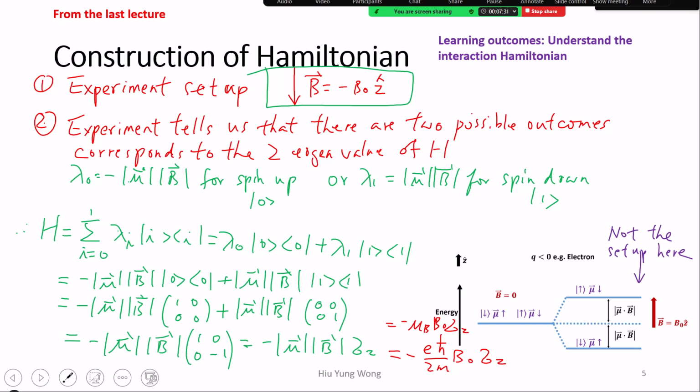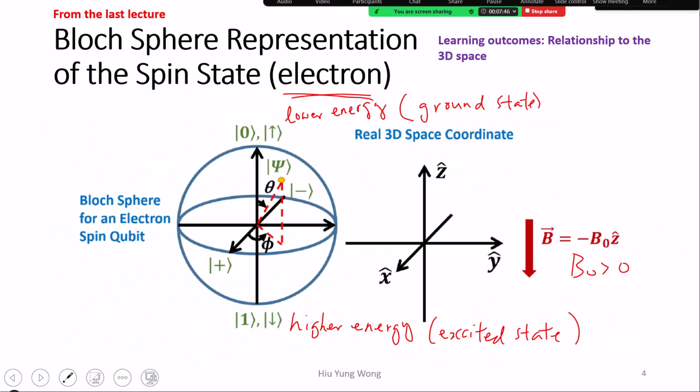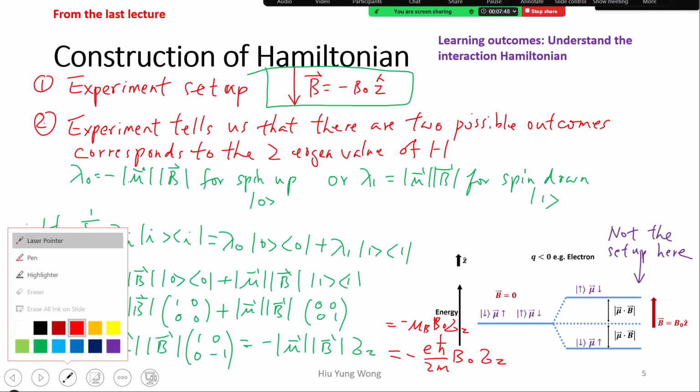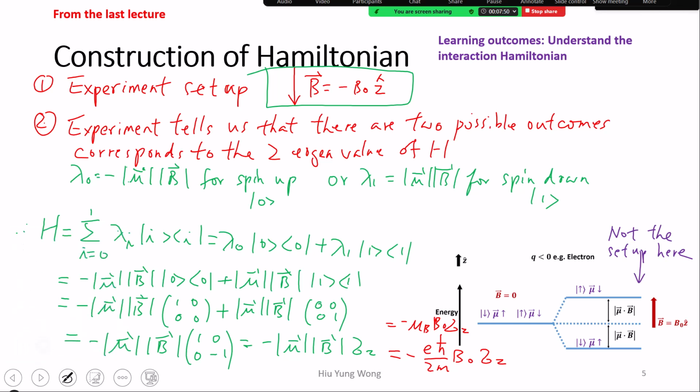Positive charge and negative charge have different relationships between the spin, or the related angular momentum, and the magnetic moment.